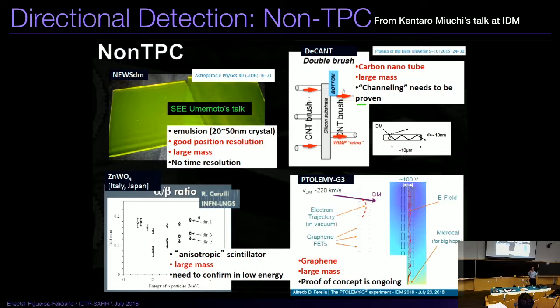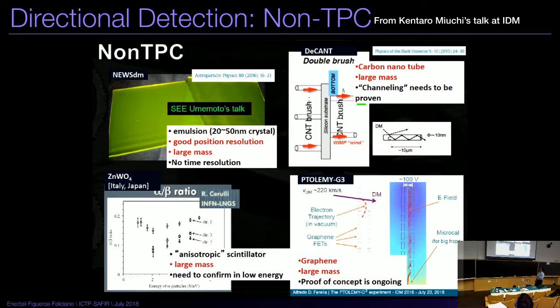You can rotate it around so it's always pointing toward the wind, and then you can look for tracks that are aligned with the direction of the dark matter if you align these so that the dark matter is going through it.